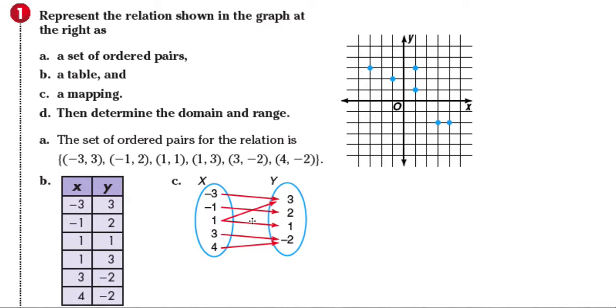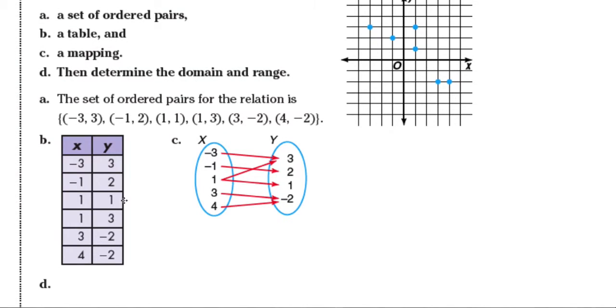So your 1 is written only once, even though it's written twice in a table, and then you just place 2 arrows. In the same manner, if you look at -2, it is also written once, but you indicate an arrow for 3 and 4 that points to -2. And that's how you do mapping.